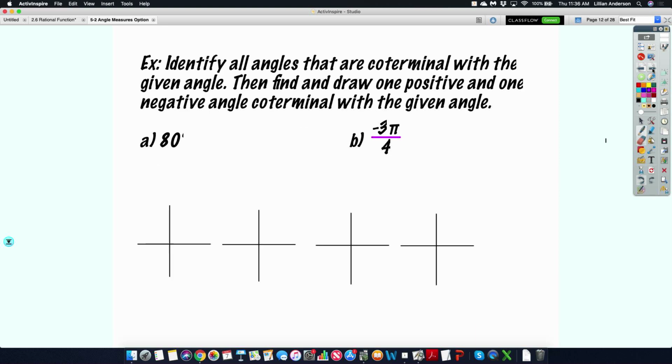Let's look at some examples. We're going to identify all of the angles that are coterminal to the given angle. Then we're going to find and draw one positive and one negative coterminal angle. I'm going to do these two with you. I want you to try the next two on your own. So to start out, 80 degrees.